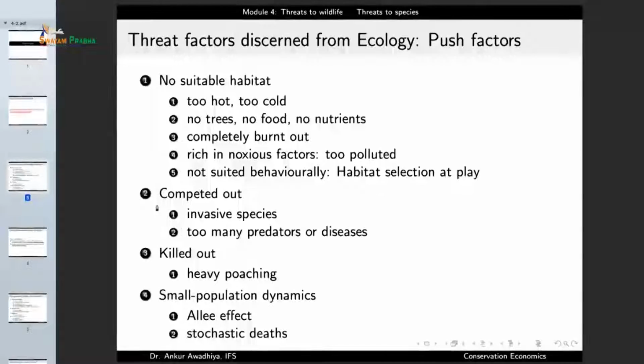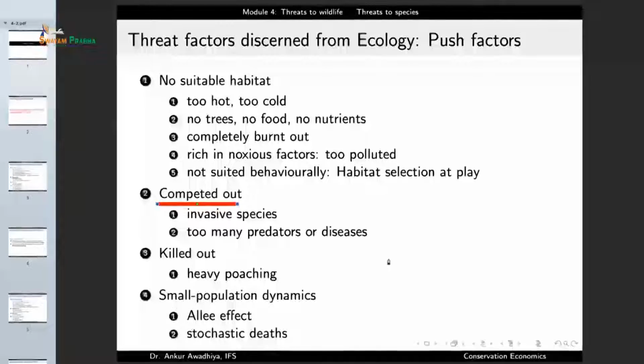Then there are certain other push factors that are related to competition. Probably the habitat of the organism is now full of invasive species. So invasive species are those species that when they come into a habitat, they grow so profusely and they outcompete the native species to such an extent that in a very short period of time, you will only find these invasive species that are predominating these areas. So if an area has invasive species, then probably the habitat will go bad. Or areas that have too many predators or diseases.